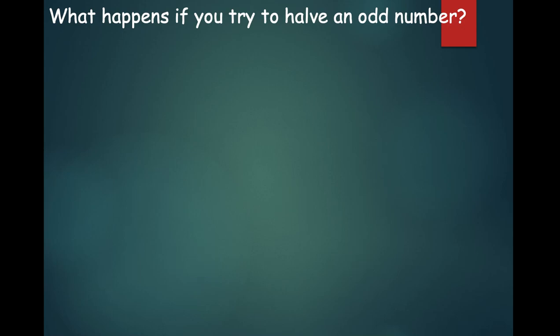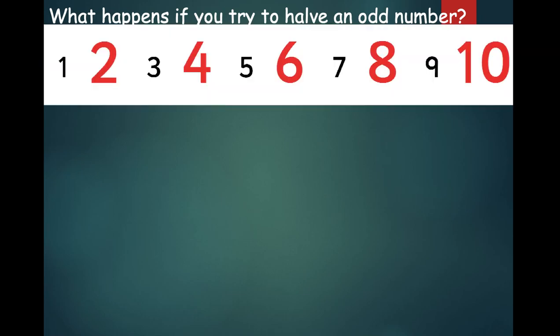So, what happens if you try to have an odd number? You can, as I told you, you can easily divide an even number equally. But how about an odd number? Let's try dividing an odd number. Here we have some odd numbers in black color, 1, 3, 5, 7 and 9.